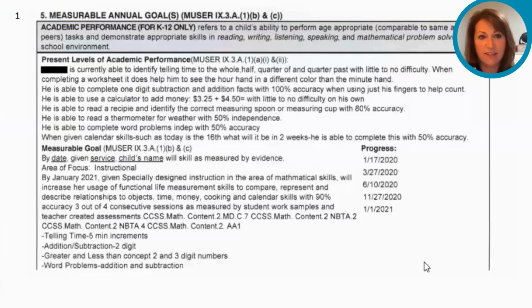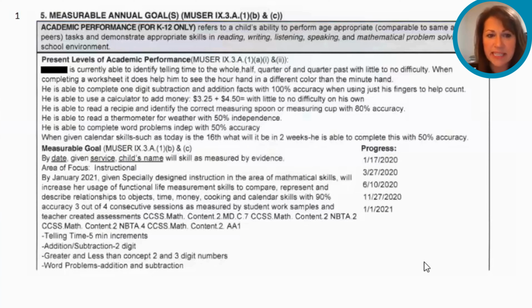This is also a filled out IEP. What we were looking at before is the template that is used statewide. This is an actual completed IEP, and we're looking at academics here. The present level of performance is blacked out because we're not identifying any students. It describes where they're at currently and what the student is able to do. Underneath that is the measurable goal.